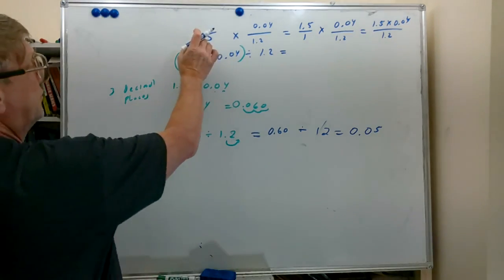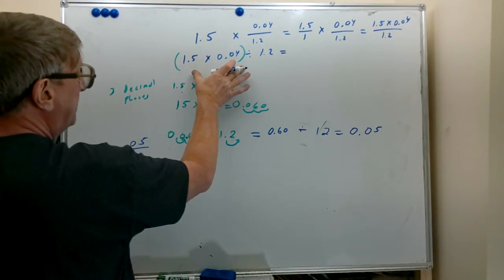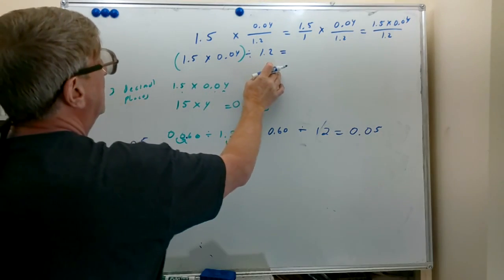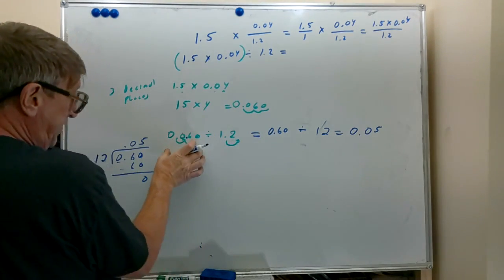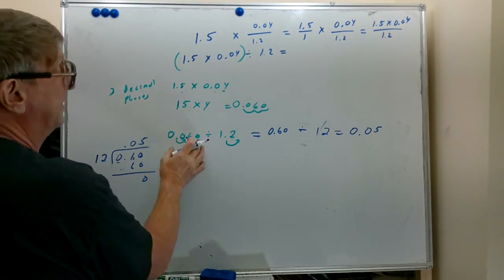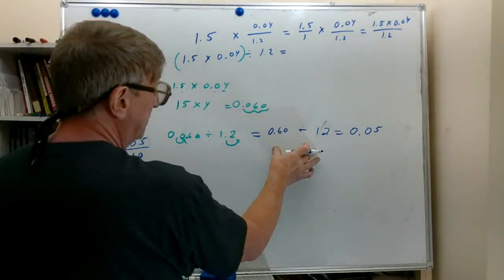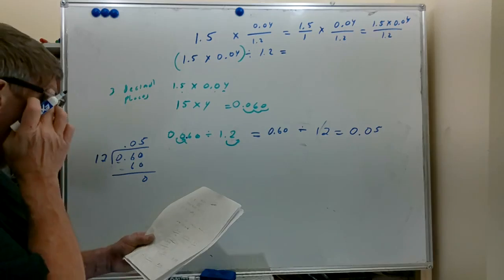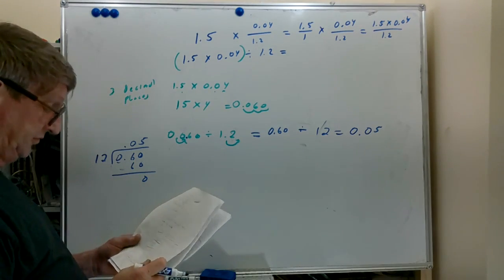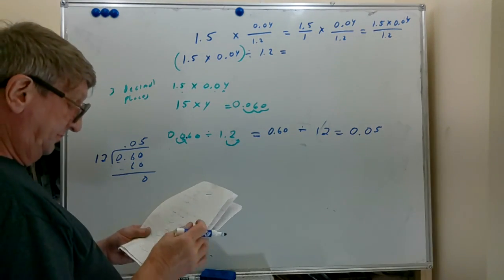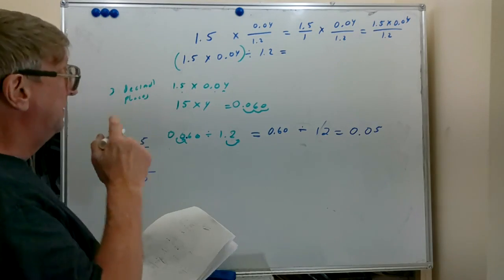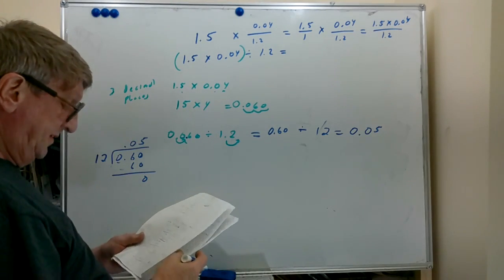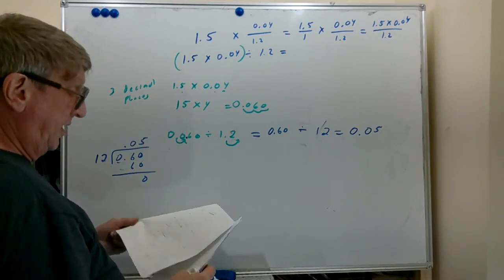So we took this original problem, we did the multiplication first, then we found that to be 0.060, then we did the division. We found the result of the division to be 0.05. So we have done the complete problem.